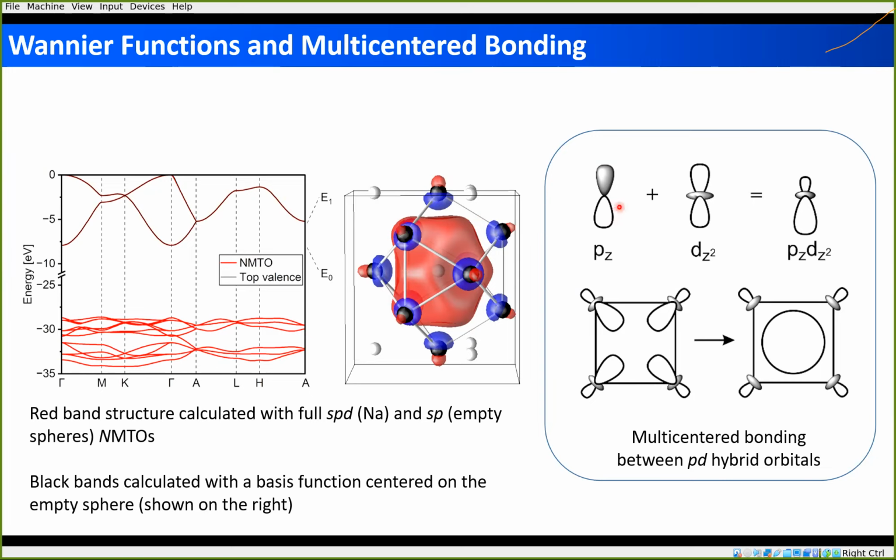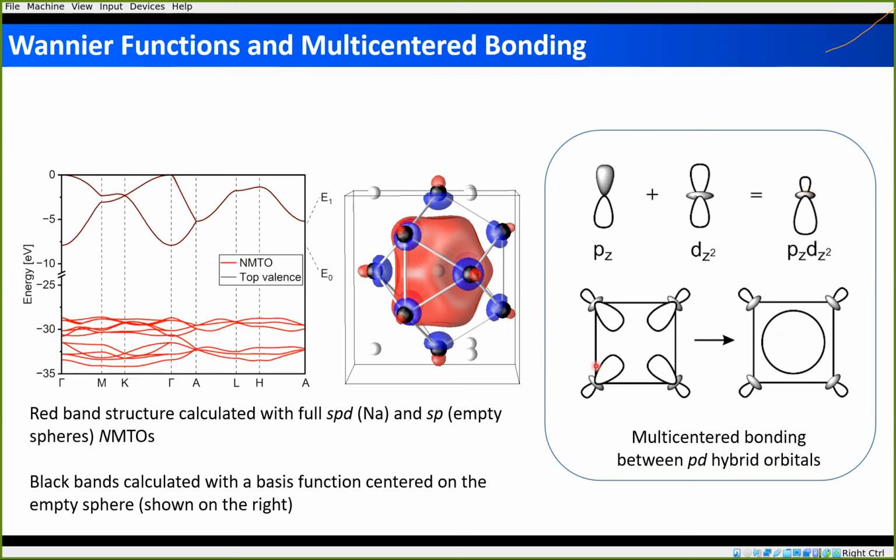In considering this a bit further, we can see that if you take a hybrid orbital between a pz orbital and the dz-squared orbital, where the axis would be pointing along the line joining the sodium atom to the center of this cluster, you get some sort of a hybrid like this.